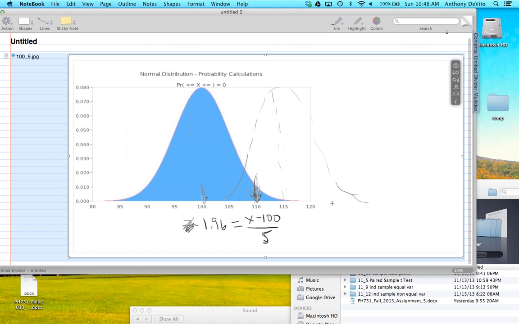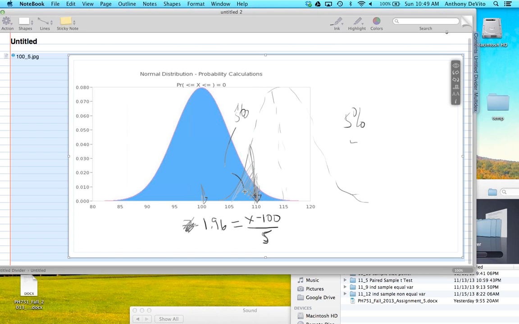So now, let's say I'm willing to accept a 5% chance of failing to reject the null hypothesis. So I want a beta score that gives me 5% of the population, so this area here is only 5%. A 5% chance of failing to reject the null hypothesis, even though they're different.